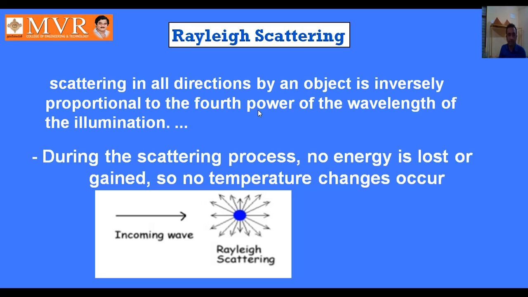Why? Because whatever radiation is incident on this particle, the total radiation is emitted in all directions with the same energy. How much energy is incident on this particle, the total energy is distributed or scattered in all directions. That is Rayleigh scattering.